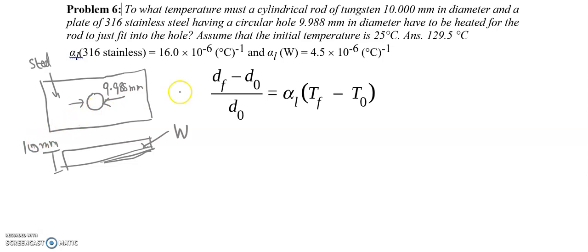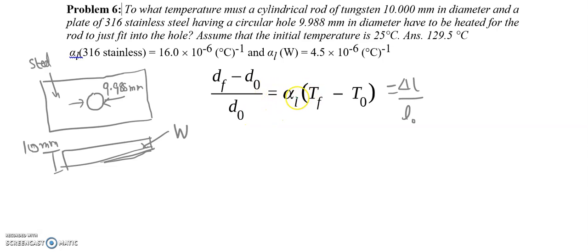Okay, so in this case, we need to equate the change in diameter for both. For steel, we can apply this equation. This equation is simply the same as the change in length divided by the original length, just that we have used the diameter terms for the length.